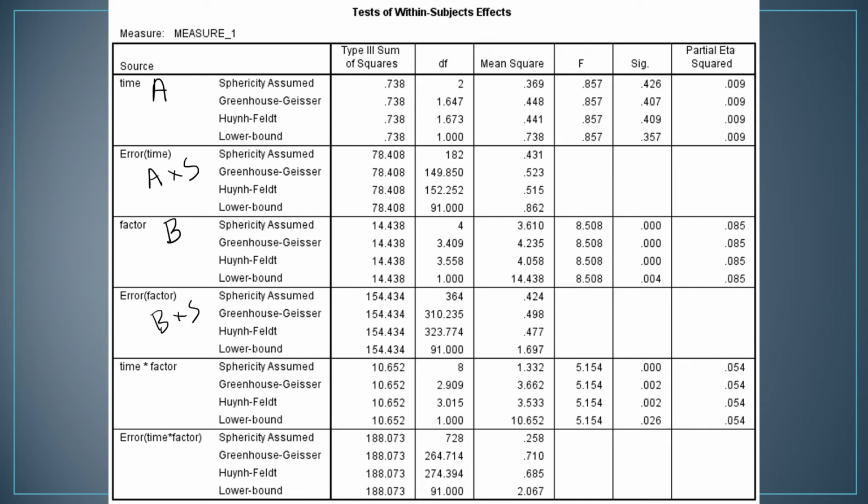And then here is your interaction between A and B. And at the bottom here is the interaction between all three. So your two factors and your subjects. And so there's where all of your effects would be, and you'd be able to look at your results.